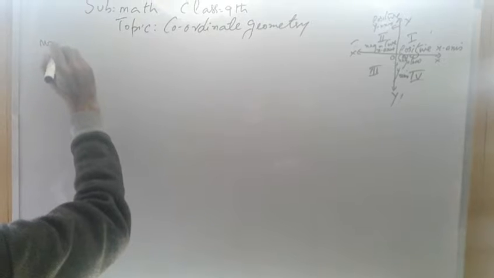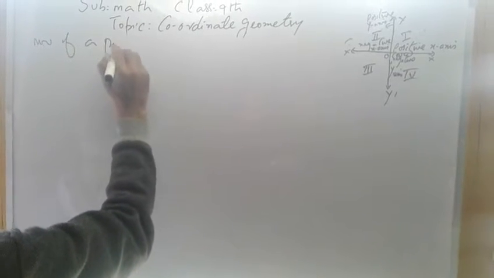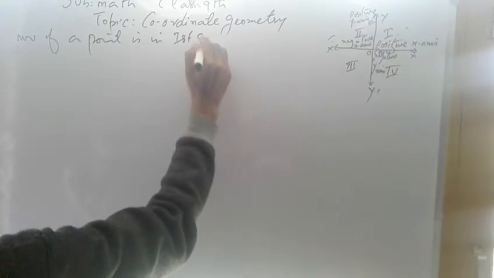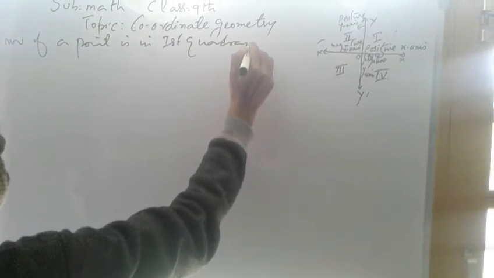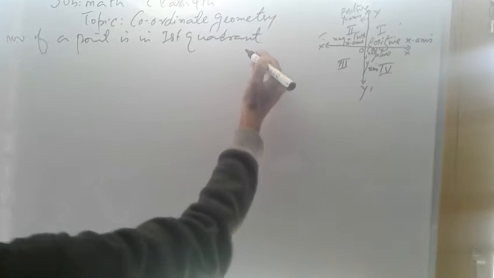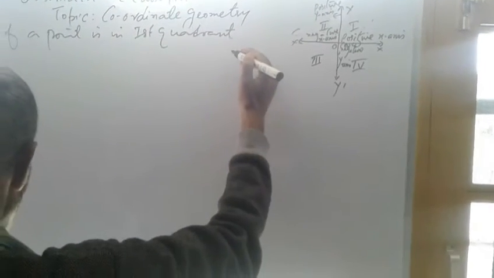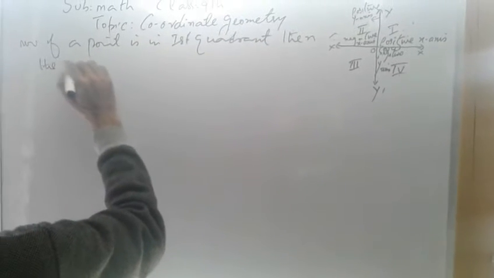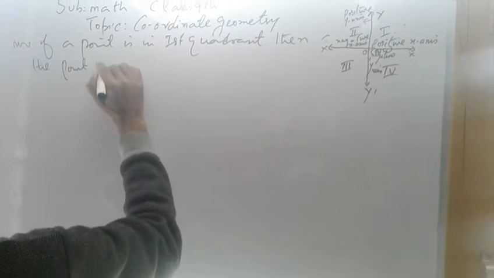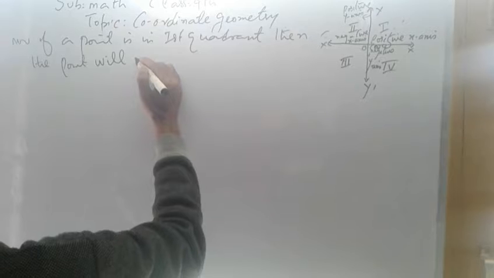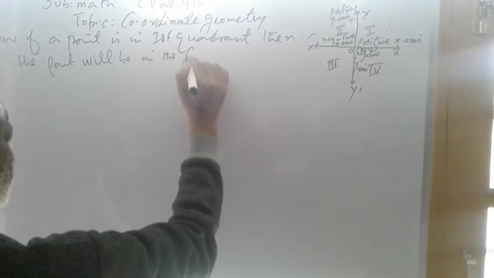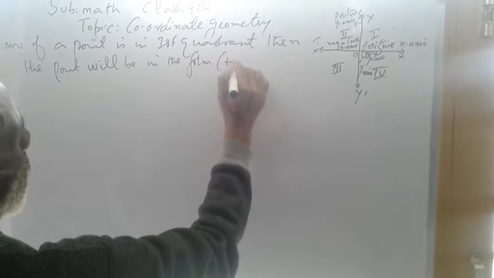Now, if a point is in the first quadrant, then the point will be in the form (plus, plus).